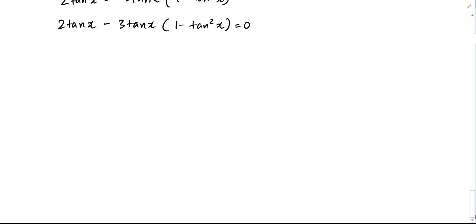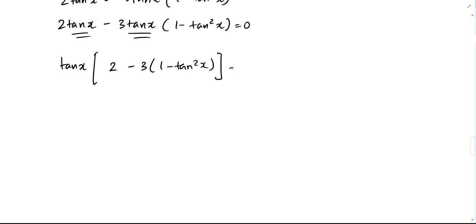Now you can see clearly that there is a common factor which we can factorize out. So tangent x, okay, 1, sorry, not 1, this is 2. 2 minus 3 times of 1 minus tangent square x equals to 0. Tangent x, 2 minus 3 plus 3 tangent square x, 0.